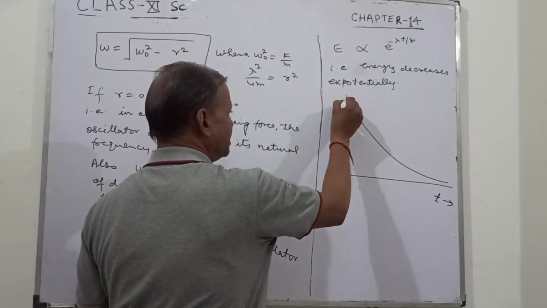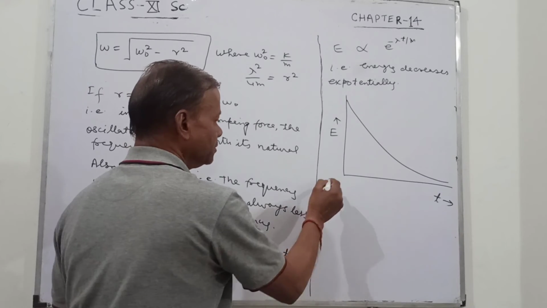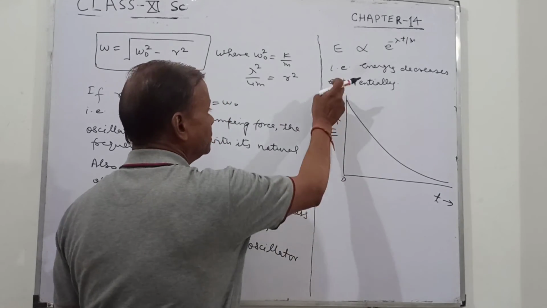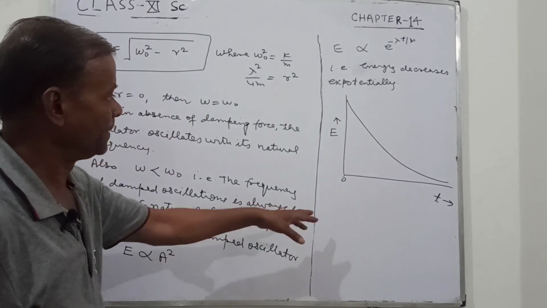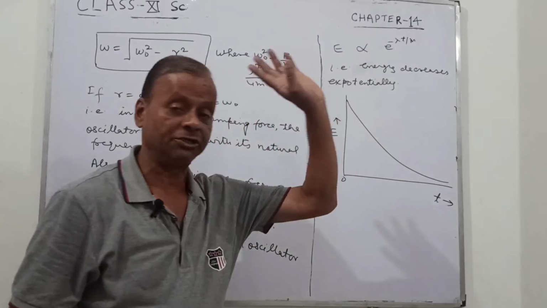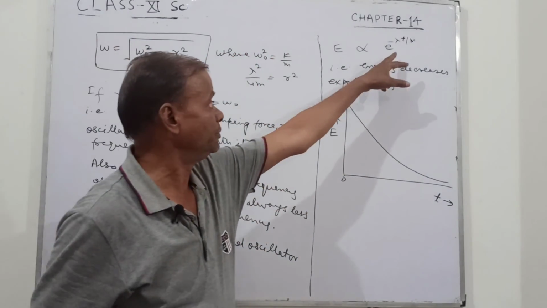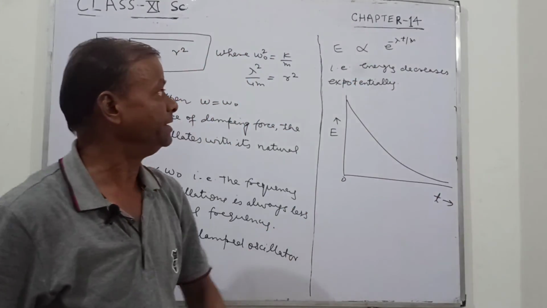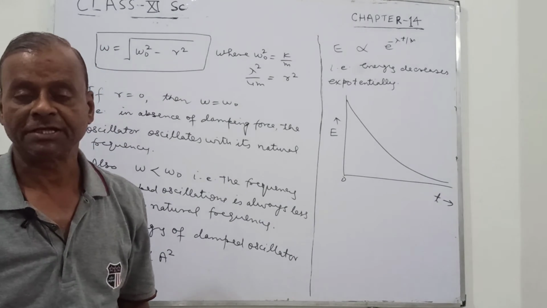This is the maximum energy of this oscillator, and then it goes on decreasing continuously with time. As we are having the factor t, so energy decreases exponentially.